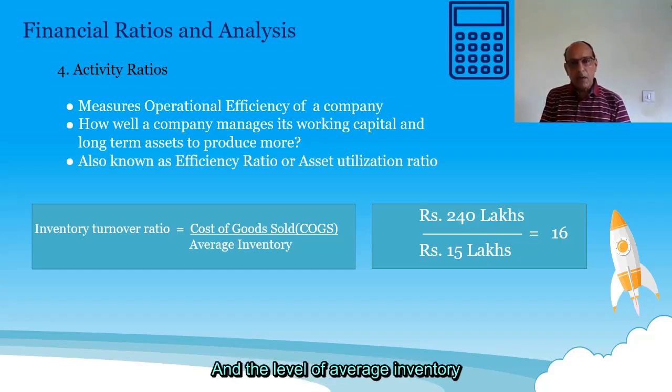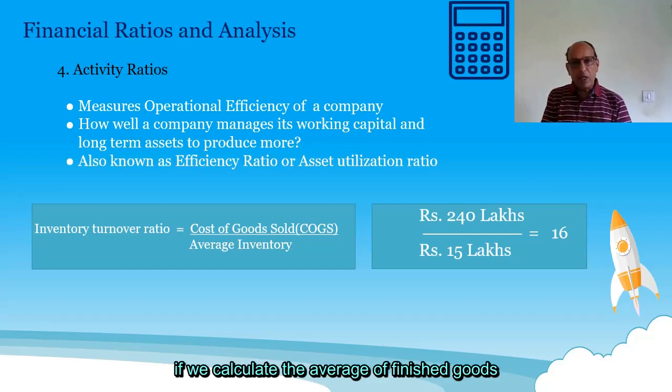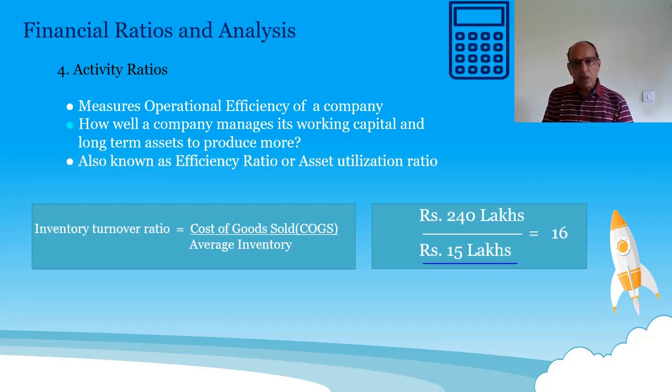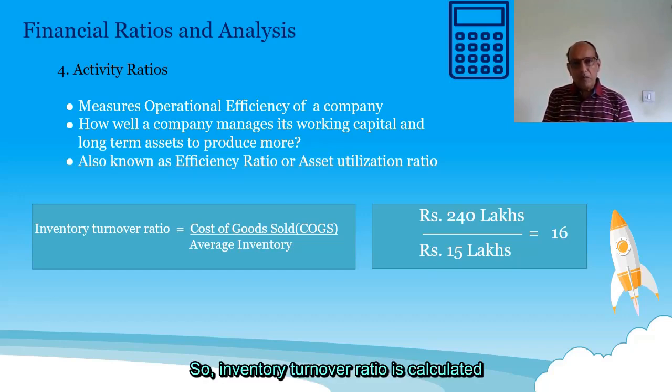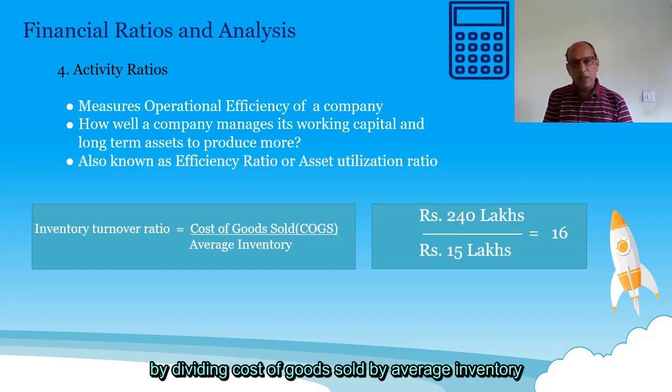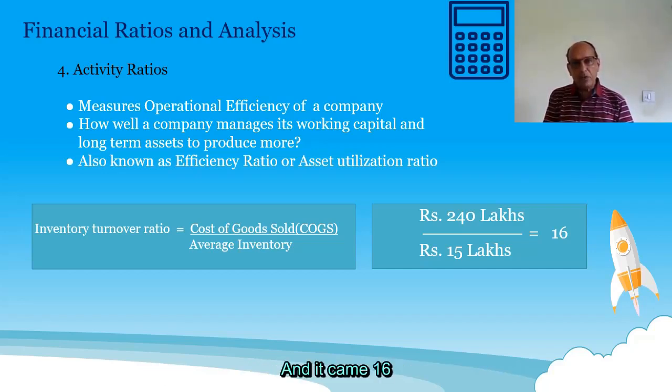And the level of average inventory, if we calculate the average of finished goods, raw material and work in progress, let us say the one-time inventory in that factory is rupees 15 lakhs. So inventory turnover ratio is calculated by dividing cost of goods sold by average inventory, and it came to 16.